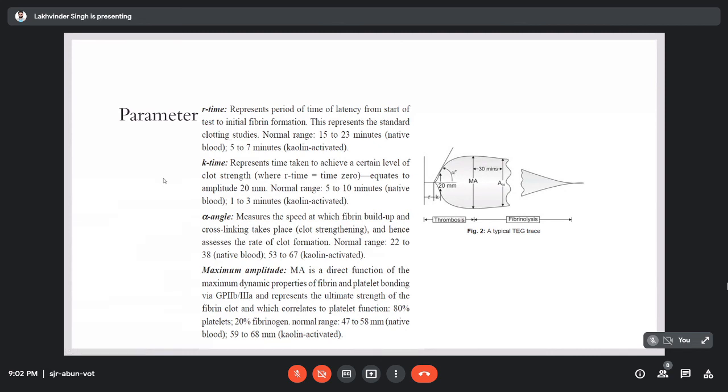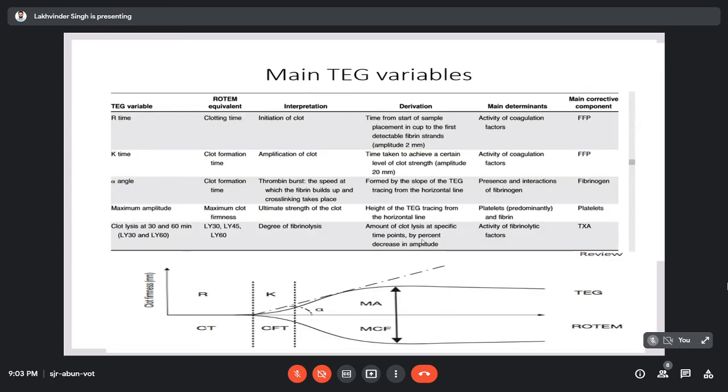If K time is increased or alpha angle is decreased, because of the rate of clot formation, then fibrinogen is less, so the patient requires cryoprecipitate. If the maximum amplitude is less, that means platelets and fibrinogen, both are required. That's how we can decide which components are required for this patient.